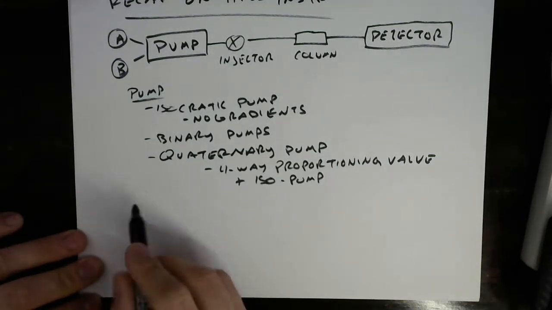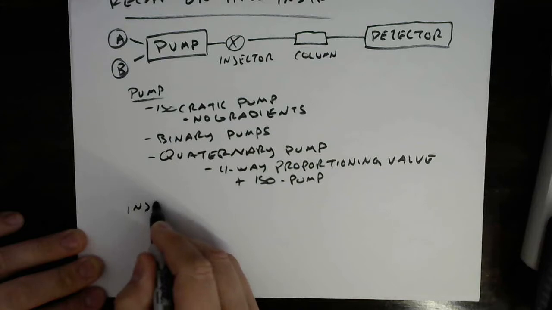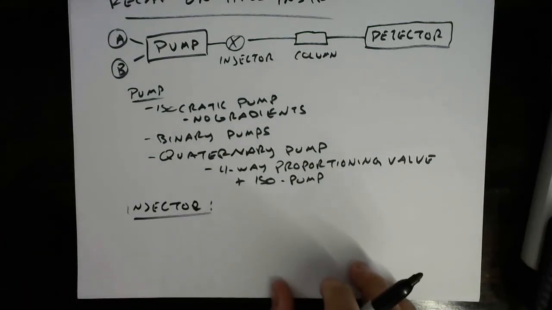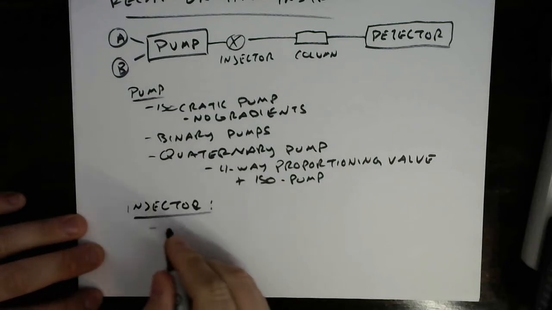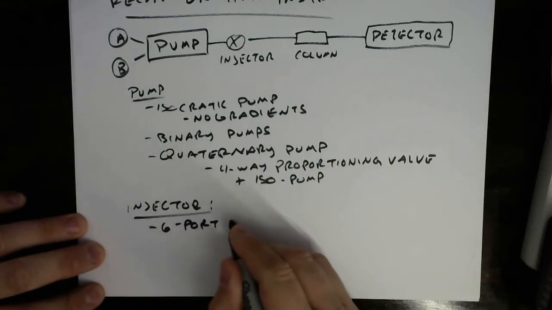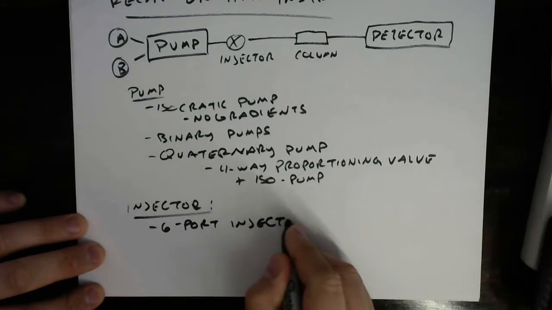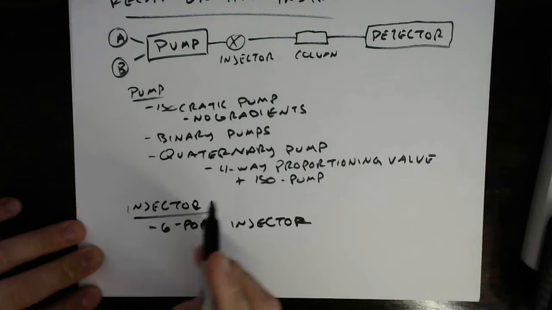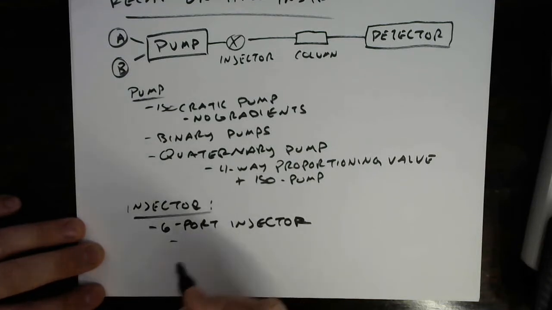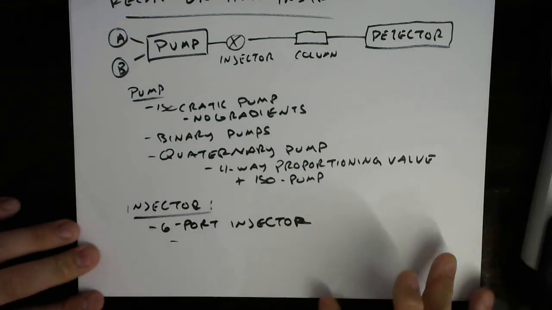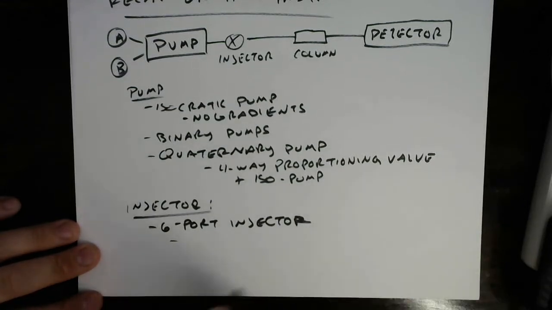So after the pump, we get the injector. And the big thing we talked about here was the design and operation of the classic 6-port injector. One thing I may have mentioned is that in modern chromatography systems, you have this auto sampler system integrated with one of these 6-port injectors.